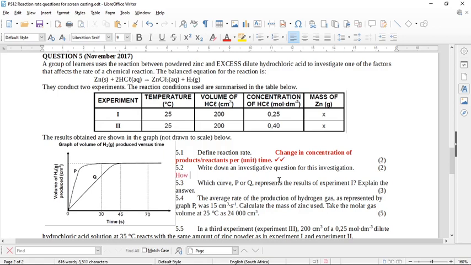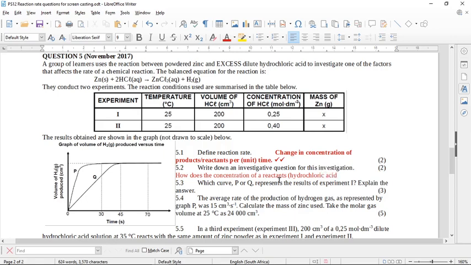So how does the concentration of a reactant, okay, so this way if we do this we're covering all our bases. So we go hydrochloric acid, let me write it out in full, hydrochloric acid.